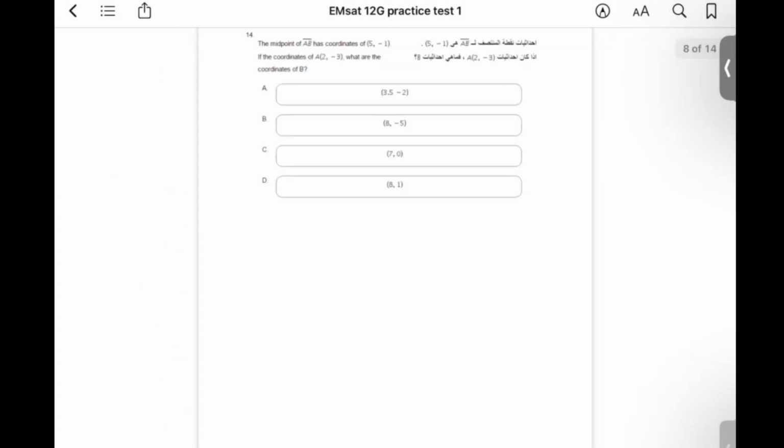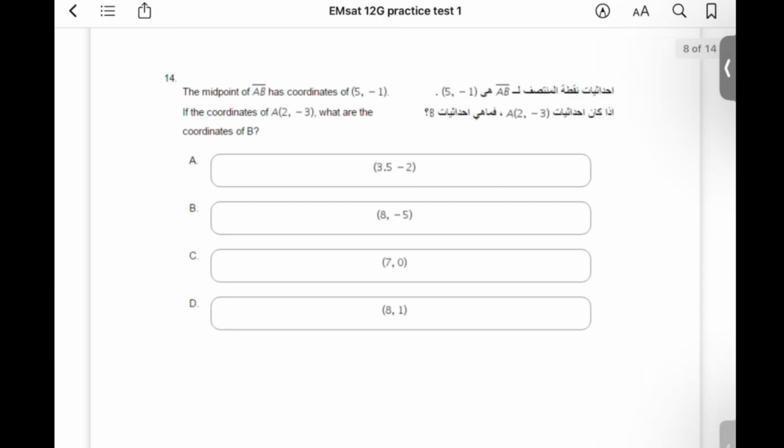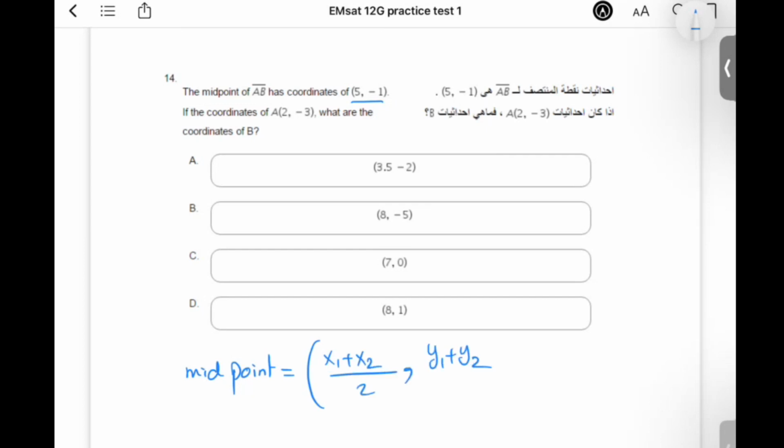I'm going to go 1 page further, and in question 14, he is telling you that you have a midpoint. By the way, you need to remember that the midpoint is basically x1 plus x2 divided by 2, comma, y1 plus y2 over 2.